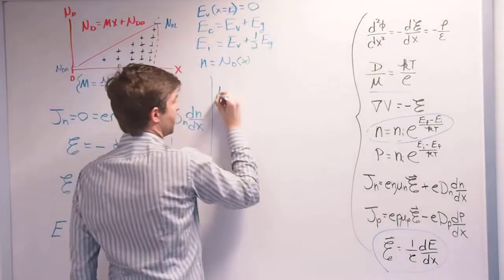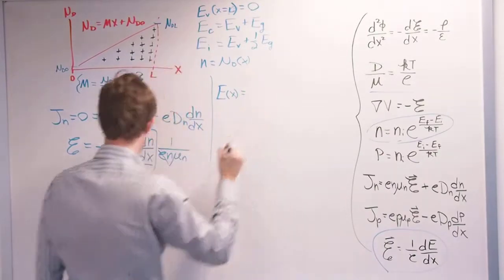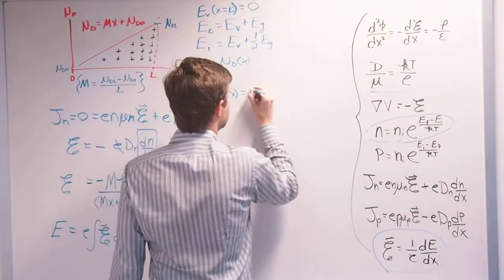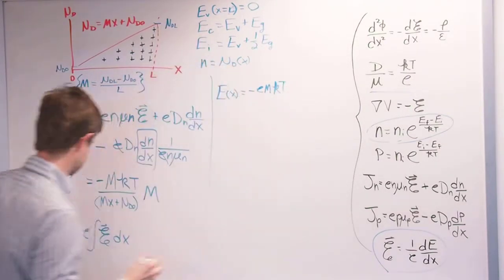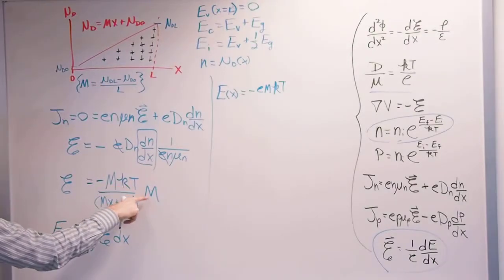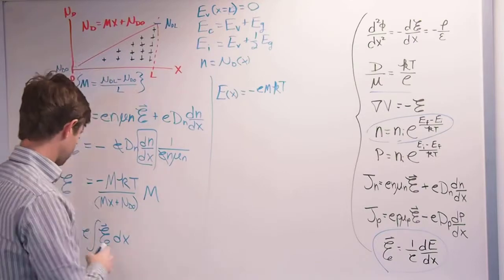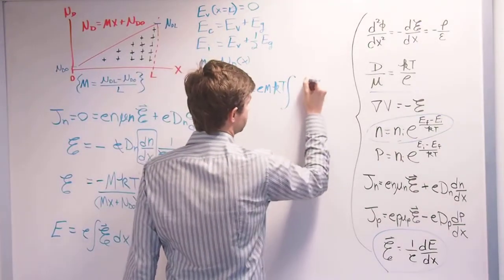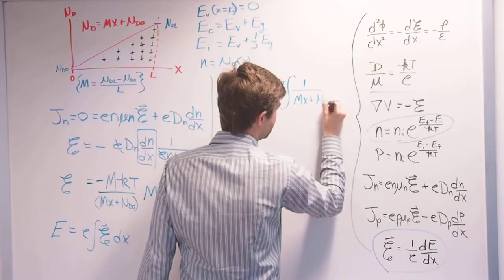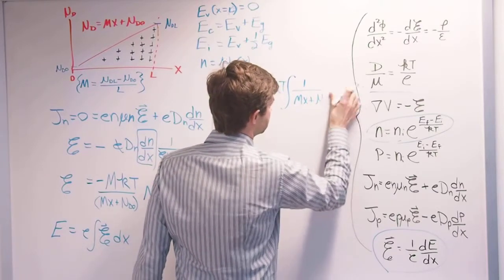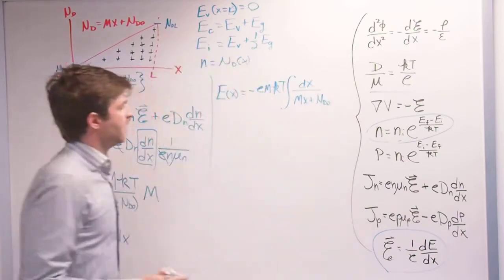So that means E of x is equal to negative E m k t, because k, t, and m are all constants, times the integral of 1 over mx plus nd naught dx. Sorry guys. So how do I integrate this?